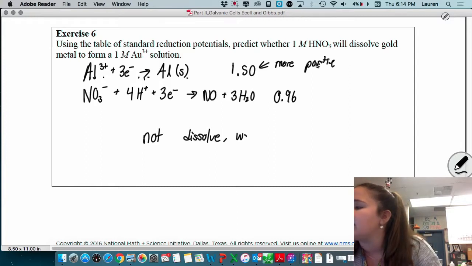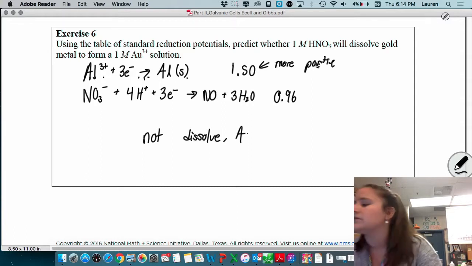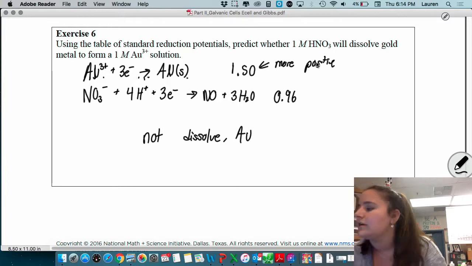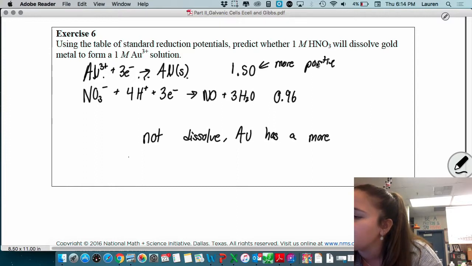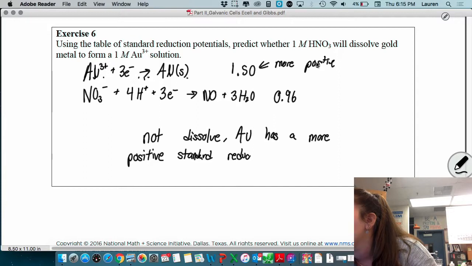So we would say the gold, Au, has a more positive standard reduction potential.